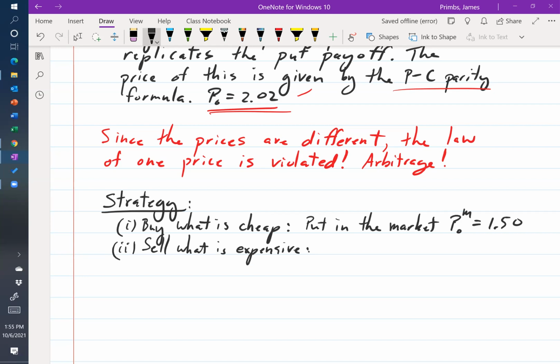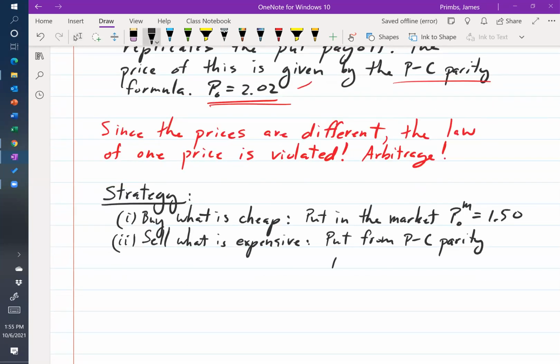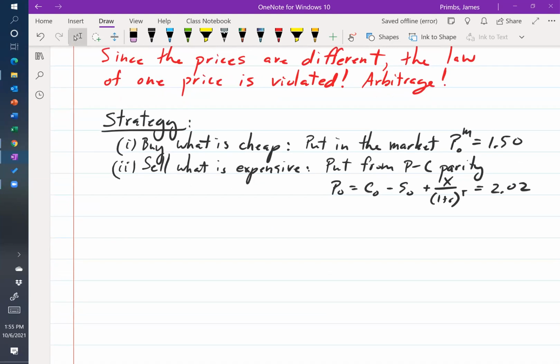This is the put from put call parity. And in fact, the put from put call parity, we said, how much does that cost? Well, I need to use the put call parity formula. So the price of that is a call minus the stock plus the present value of the bond. And we had calculated in the previous example that that was $2.02. So I want to sell that.